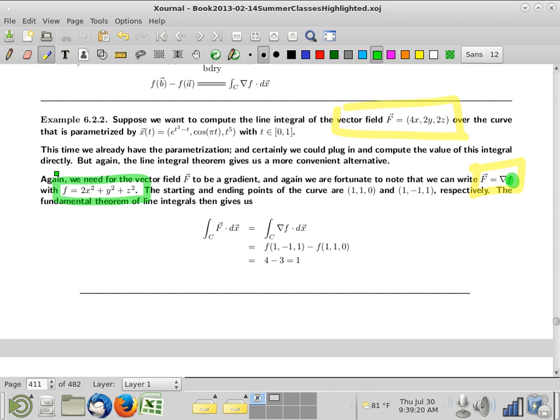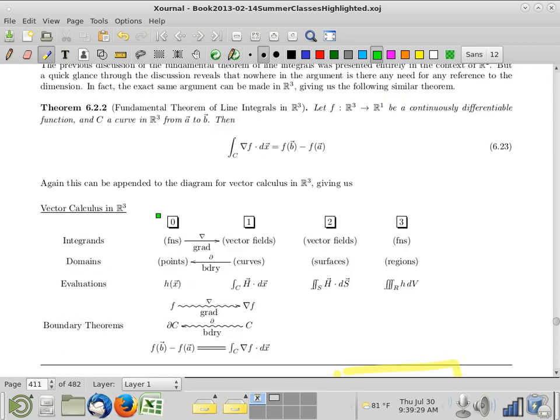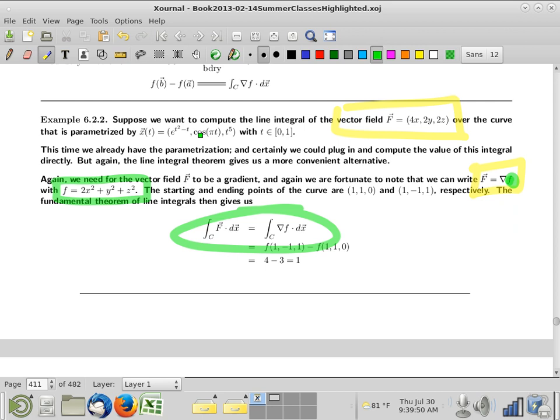And realizing that we're computing a line integral of a gradient, not just a line integral of a random vector field off the street, we're going to invoke this very powerful theorem for computing vector line integrals of gradients. And what this says is I just have to take this little f function and plug in the endpoints and subtract, and poof, done.